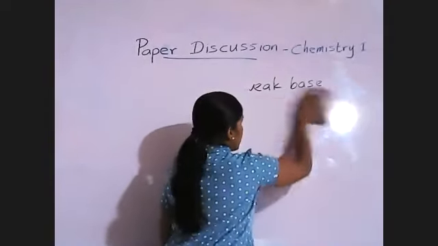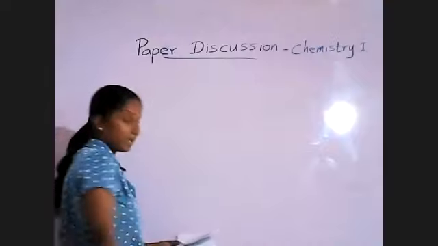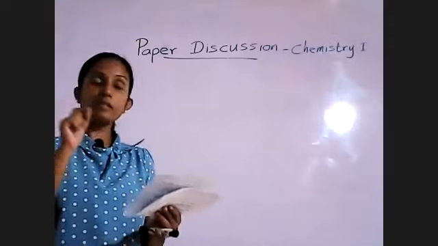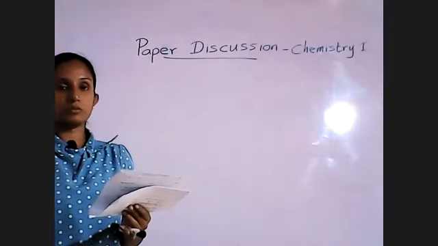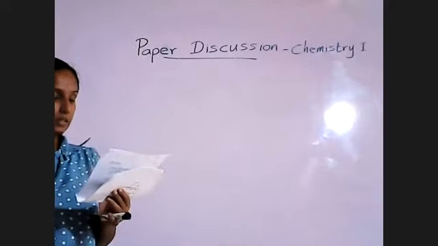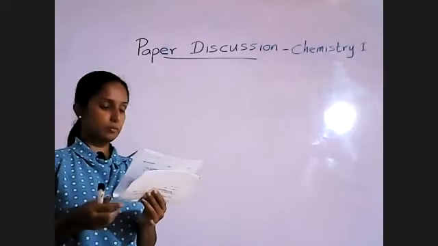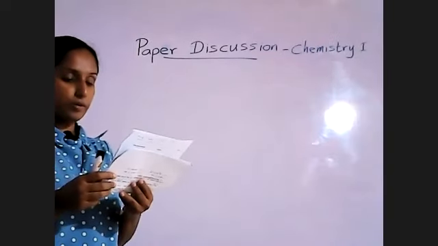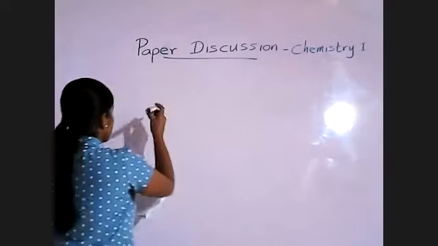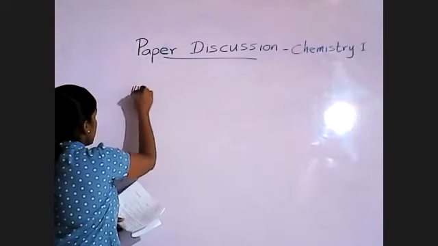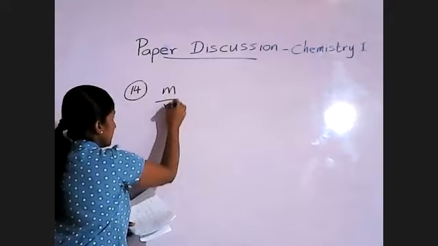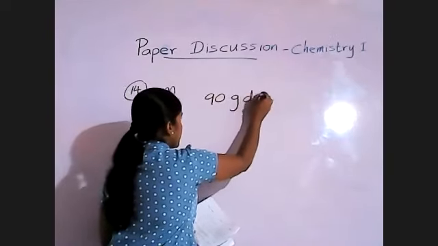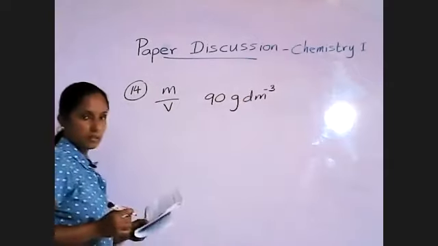If they had not given the relative molecular mass but the relative atomic masses, then we would have to calculate the relative molecular mass also. But directly they have given the molecular mass today.